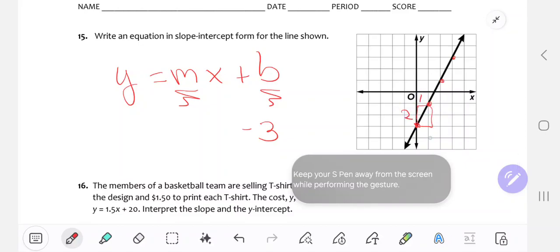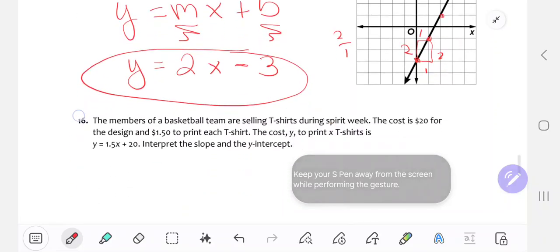Sometimes I like to go this way so I can see 1 and 2. That's positive and positive. So I put my rise over top of my run, 2 over 1. So that gives me a slope of 2, x. Oops. Usually it's plus, but since this one's negative, it's going to be minus. Okay, so there is our equation for that.